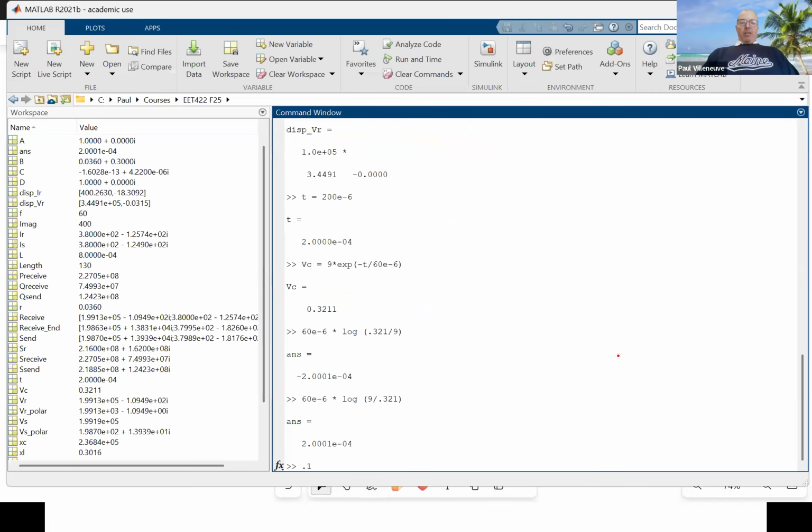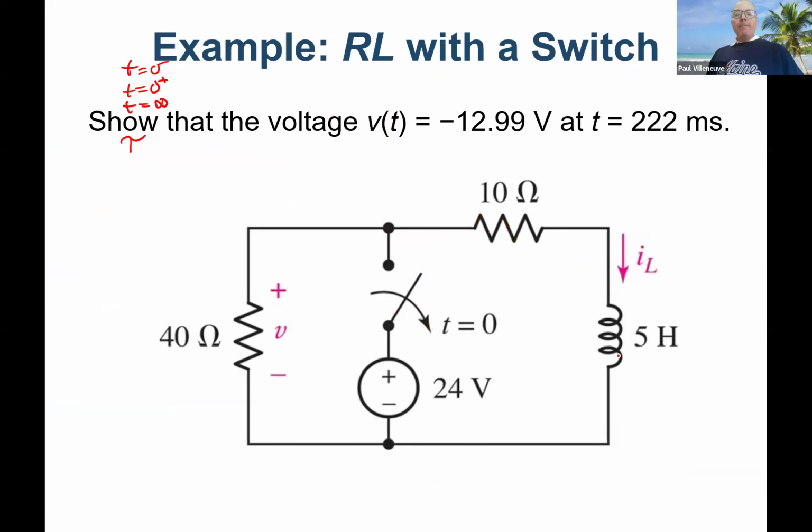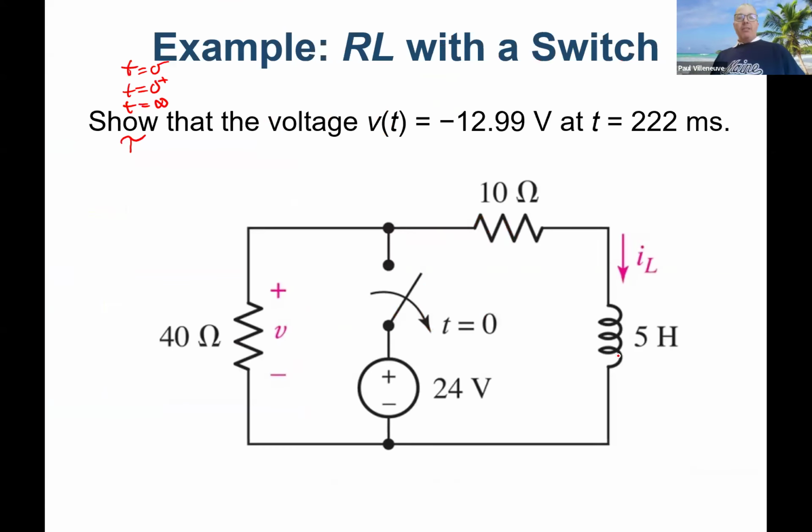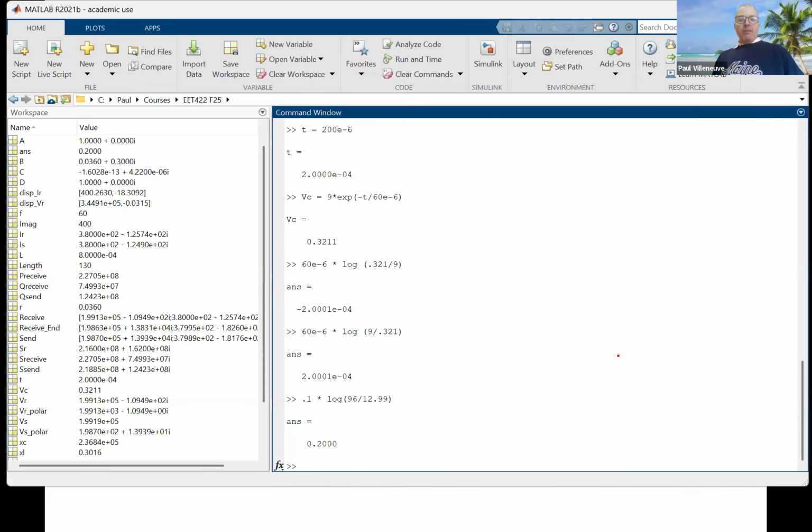Let's plug that in. All right, so 0.1 times the log of 96 divided by 12.99. And I get 2. Why is it saying 2 and not? No, it's 96 divided by 12.99.